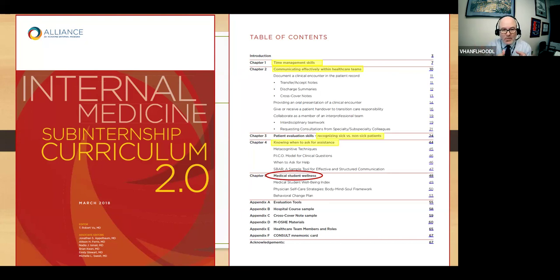If you go into the chapter, you will then find it gets a lot more granular and a lot more specific to internal medicine. The chapter on communication has specifics for internal medicine notes, internal medicine discharge summaries, internal medicine handoffs. Chapter 3 is patient evaluation, recognizing sick versus non-sick. It goes into 10 specific serious can't-miss internal medicine conditions in an adult population.